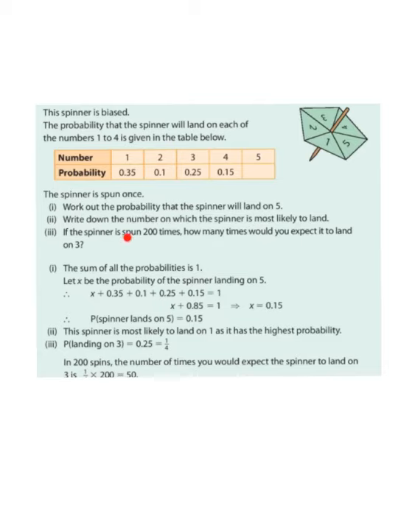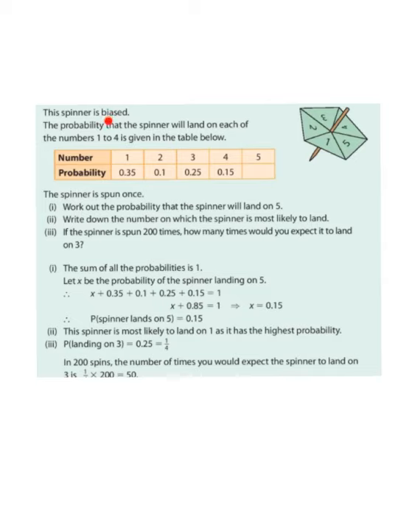So the probability of landing on 3 was 0.25, so it's 0.25 or a quarter, and you multiply that by the number of spins. In this case it was 200, so a quarter multiplied by 200 would give you 50.